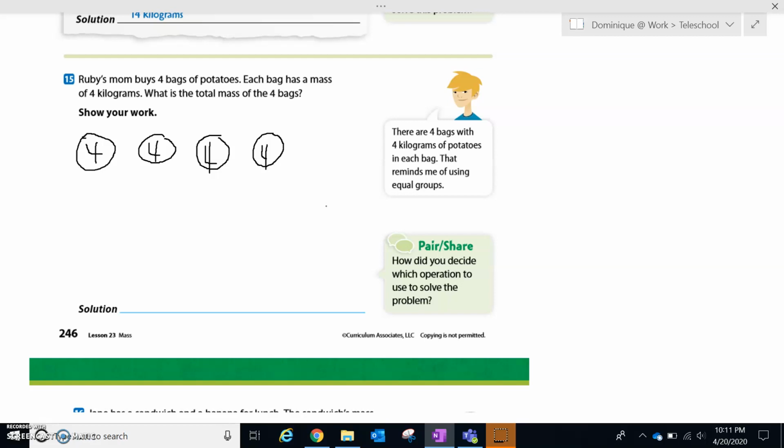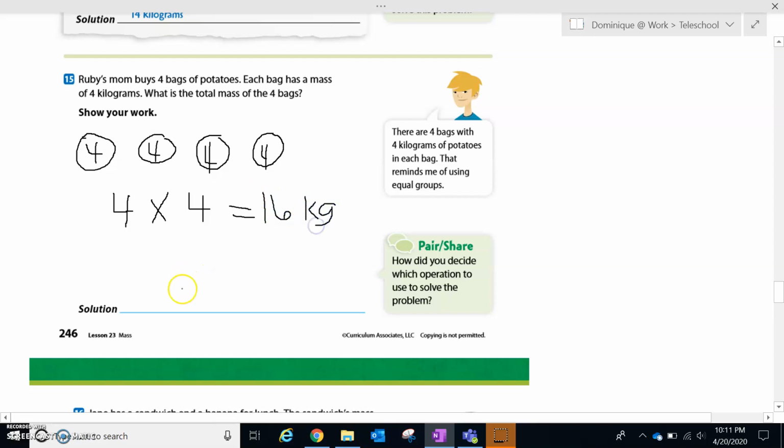Alright, if you said add, you are correct. We could do 4 plus 4 plus 4 plus 4, which is repeated addition. Repeated addition is also what? Multiplication. Good job, guys. So we have our 4 bags times each bag weighs 4 kilograms, which equals, I want you to count by 4s, 16 kilograms.